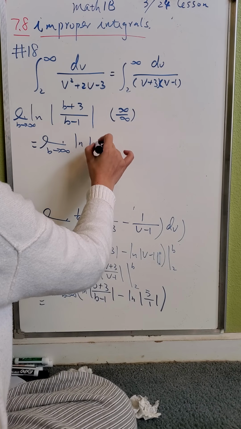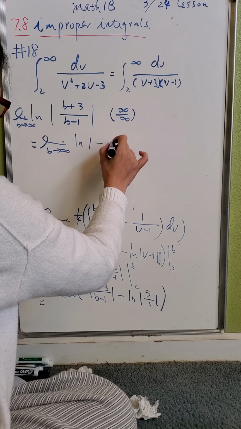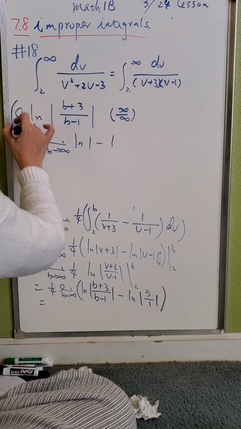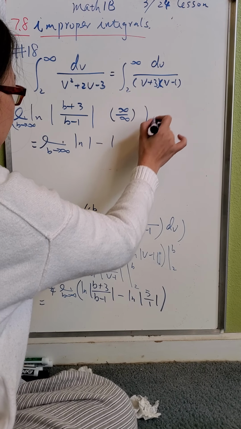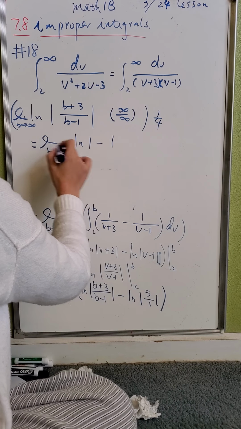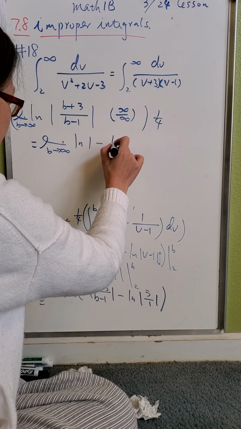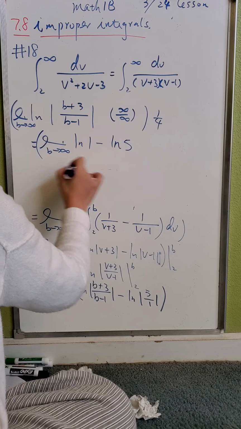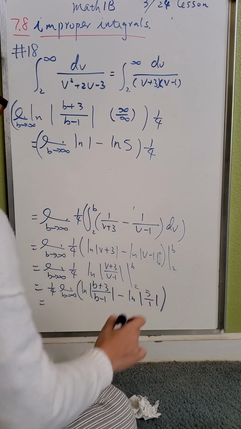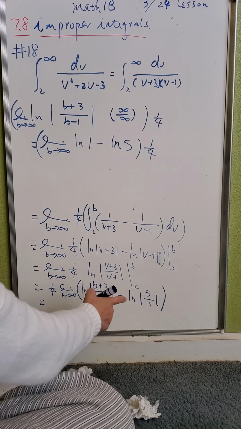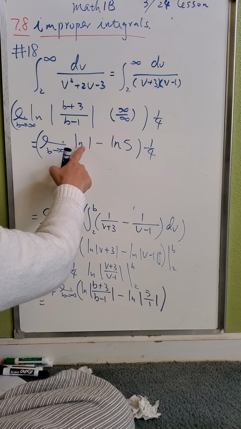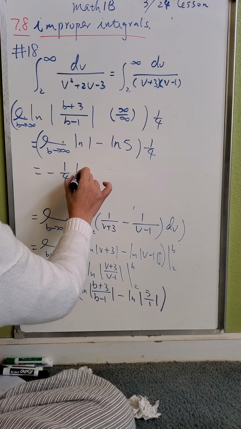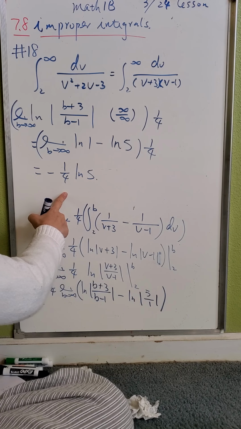Then subtract ln 5, and I forgot the 1/4, so this whole thing has to be multiplied by 1/4. You can see ln 1 equals 0. So your answer equals negative 1/4 ln 5. So that's a converge.